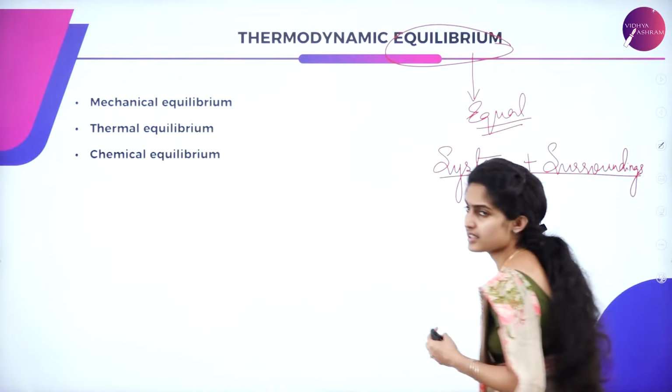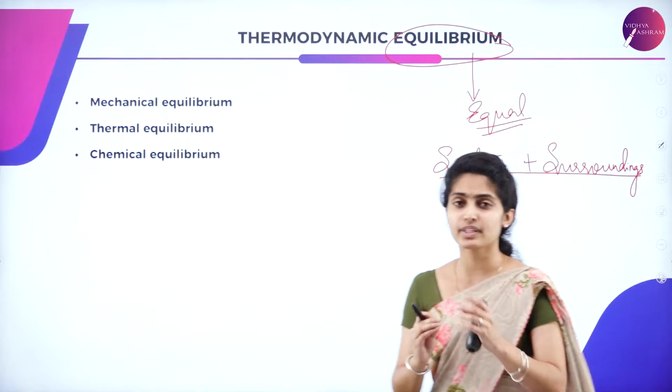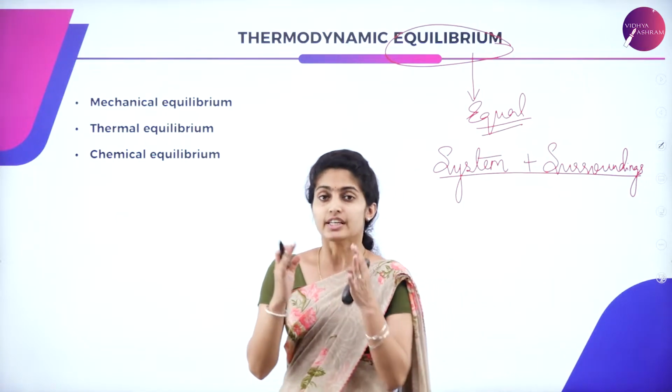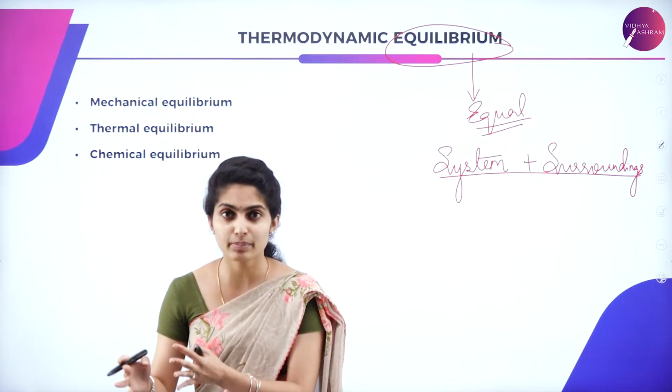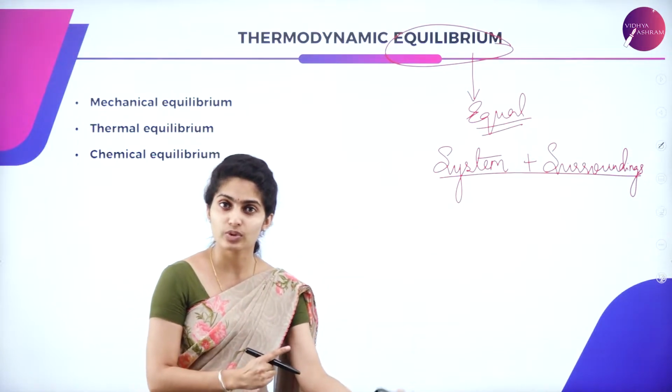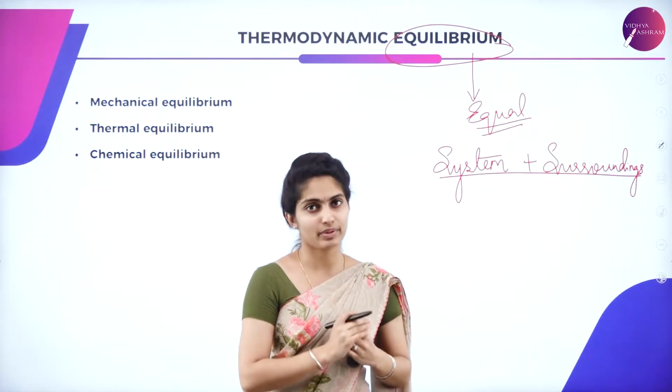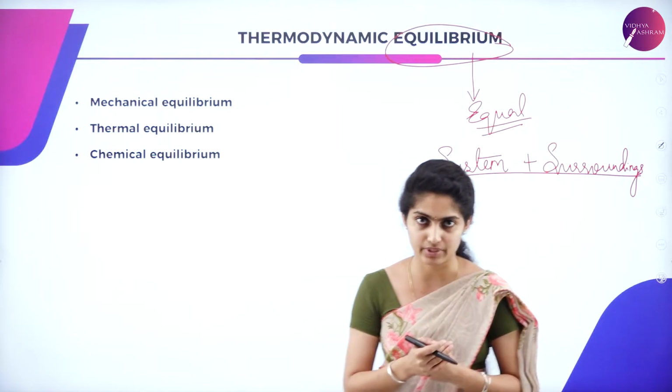The system and surroundings will have different temperatures in the initial state. The system will have some temperature, and the surroundings, which you can call room temperature, will have a different temperature.